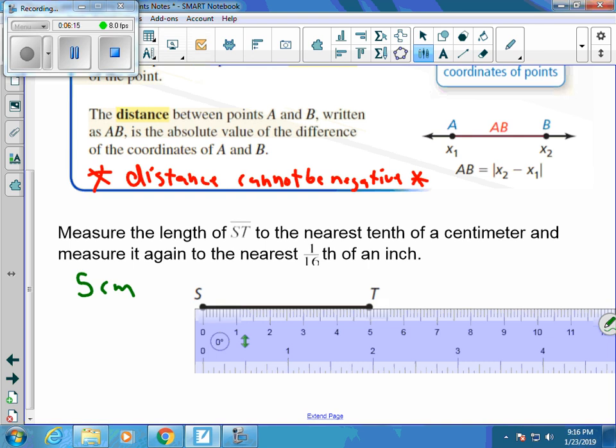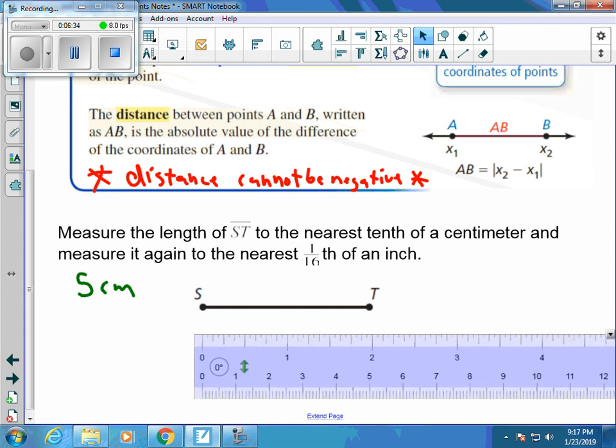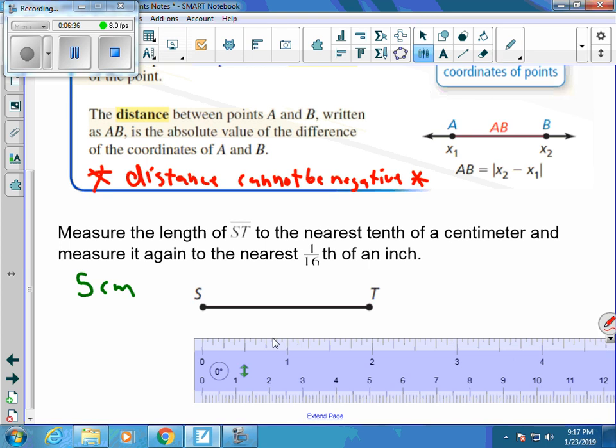Okay. Next, we also have to do the same thing, but now to the nearest 16th of an inch. If that's the case, I take my ruler and flip it upside down so that now I'm looking at the measurement in inches. First of all, if we take a look at a ruler, if from here to here is an inch and I break that in half, that bigger mark is 1/2 inch.